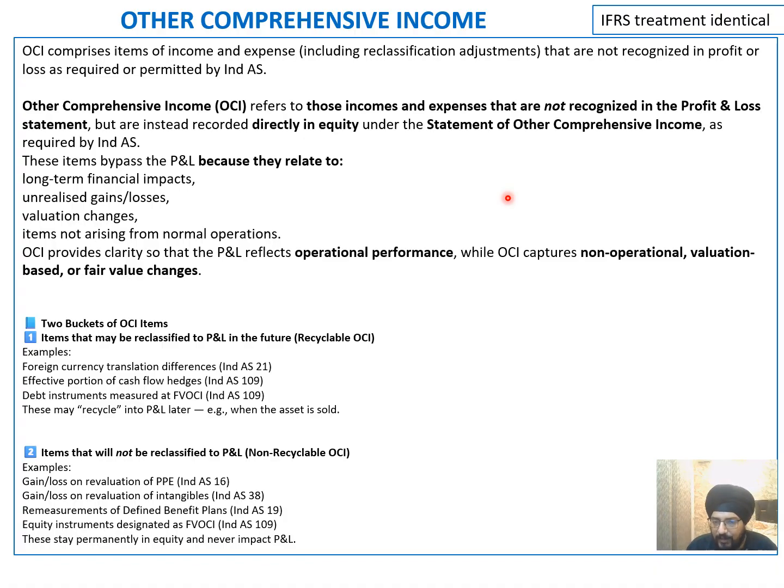The main intention of Ind AS is to have equivalence with IFRS, which is based on the fair market value concept. Because of that, we need the fair market value of certain items depending on their specific Ind AS, and if the fair valuation leads to a gain or loss, that needs to be disclosed separately in OCI so that it does not impact the profit from operations.